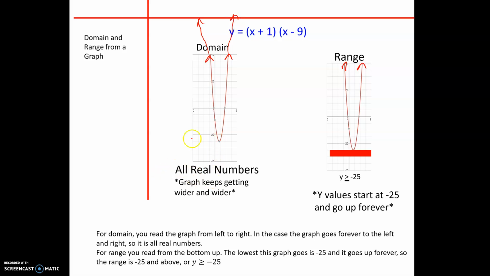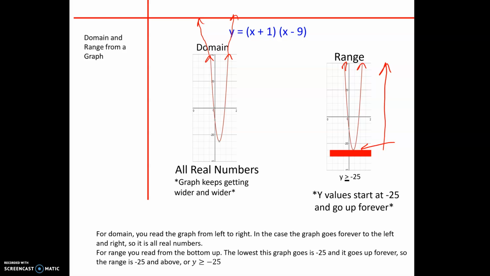So that's why it's all real numbers, because looking at this graph from left to right, the graph will exist at some point at that X number. It's going to be super high up, but it'll be there. On the range, we can see that this graph doesn't go any lower than that position. That's at negative 25. So this graph goes at the bottom from negative 25, and it just goes up forever. That's what range is.